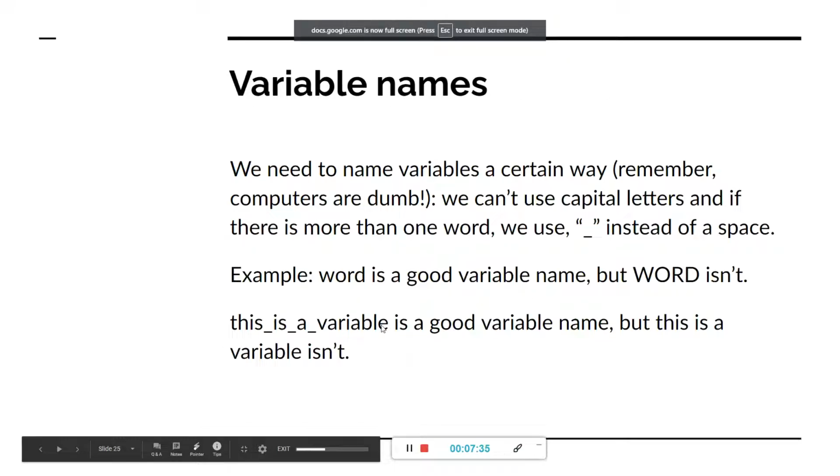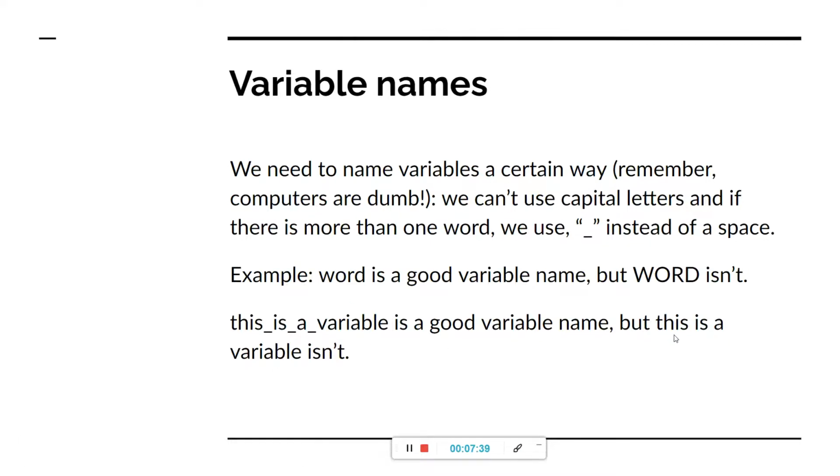So you see, this is a variable, this is a really good name. But this is not, because there are no underscores between the words. So the computer will freak out if it sees that.